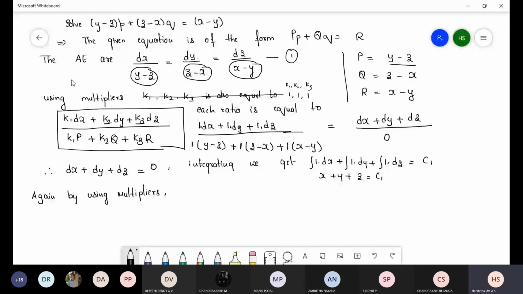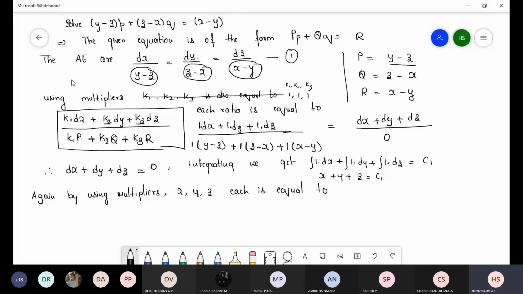Each ratio is equal to, whatever we are multiplying for the denominator, that same thing we have to multiply with dx. Whatever we are defining in the denominator for K2, same thing we have to define for the numerator K2, similarly for K3 also.